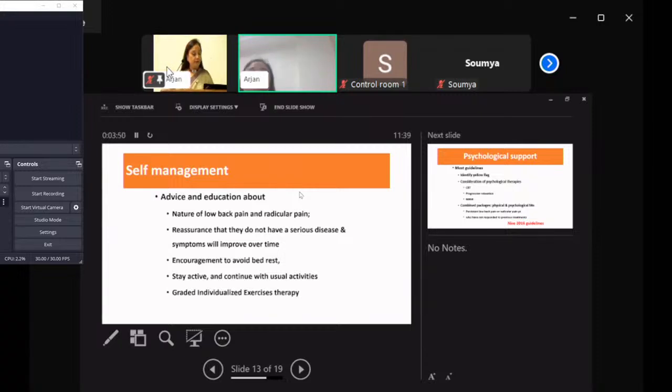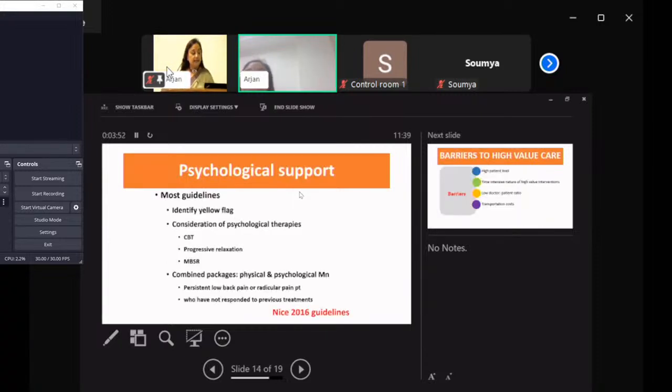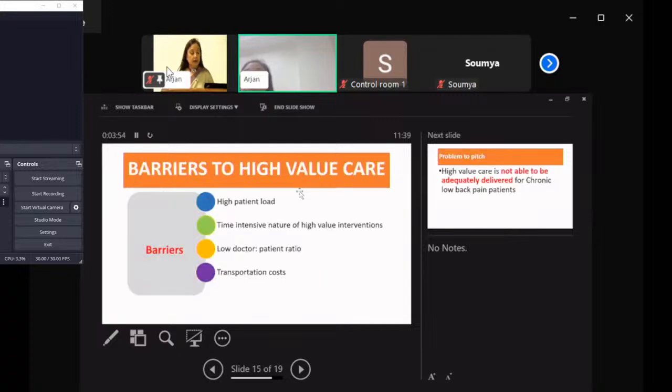We must explain to the patient what exactly the disease is. Psychological support should be given. All guidelines say this is the first line, high value management. A Lancet survey said that both in developed as well as in developing countries, this has not been followed well.